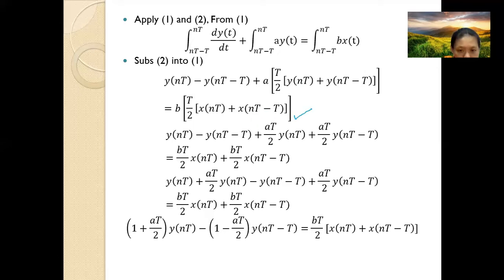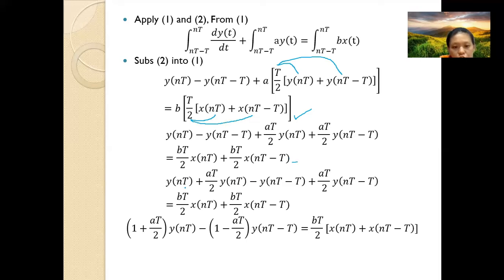After we get these equations, we collect the same y(nT) and y(nT minus T) together. So we collect here aT divided by 2 y(nT) plus aT divided by 2 y(nT minus T). Okay, this one we expand inside for each one. Same for bT divided by 2, we also expand it. So we get this equation.